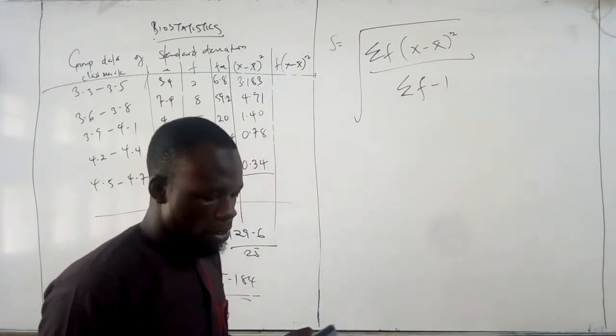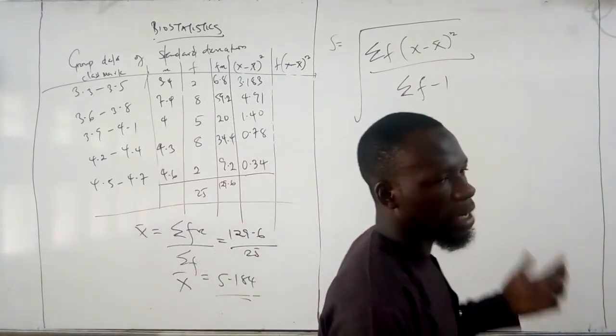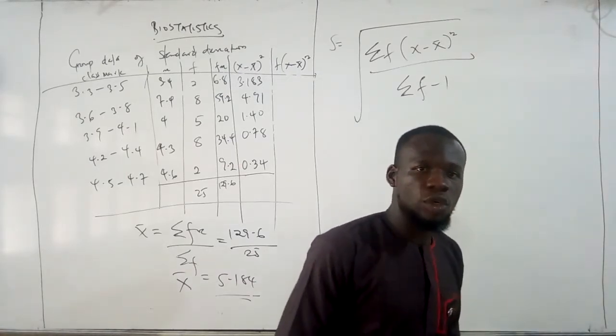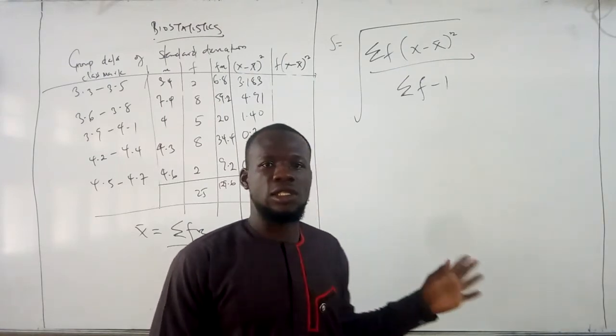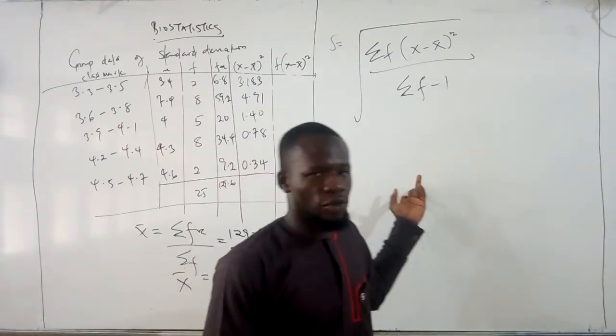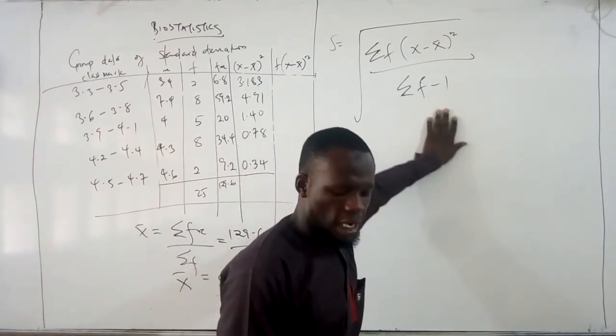Minus 1 simply means we are actually taking a sample from a larger population, it's not all the population you are taking the statistics of. You are just taking a portion from the population. So therefore, you need to minus 1 from it when you are calculating the grouped data.